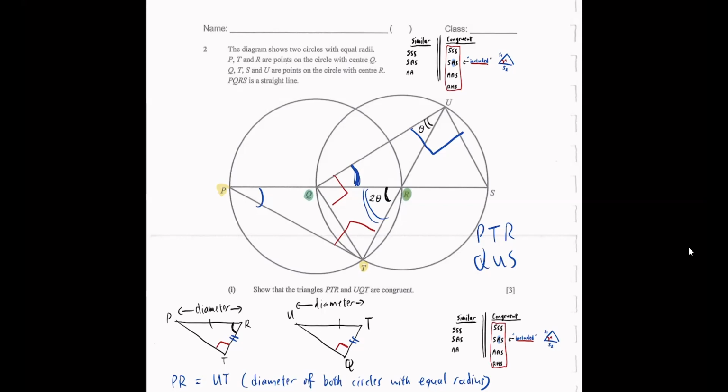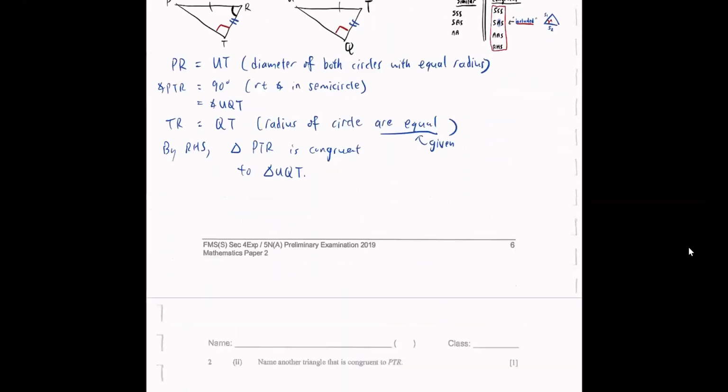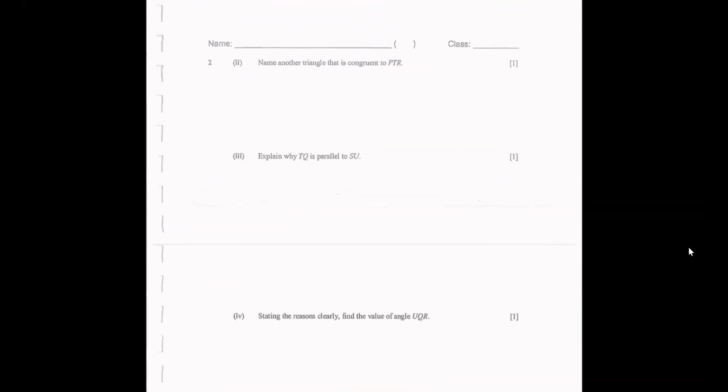But well, I'm scared to conclude immediately. Let me see. QS. Let me see if there's a hint. Okay. I think that's not the requirement of the question. Right? They didn't ask us to prove it.